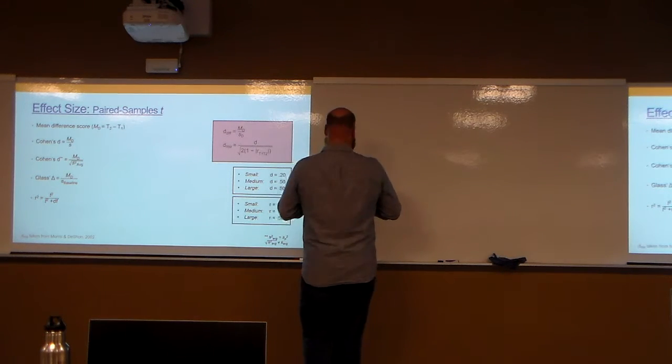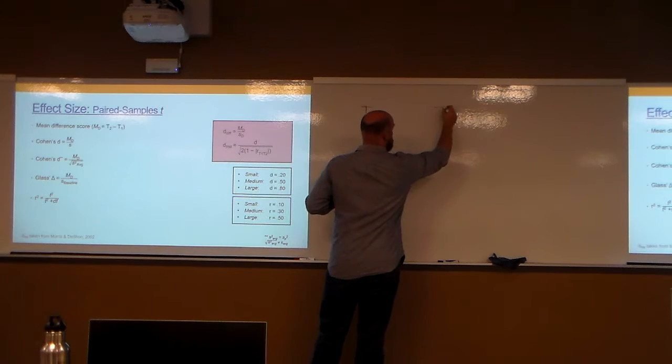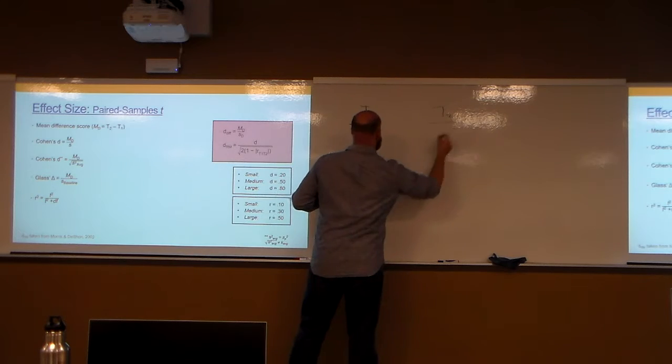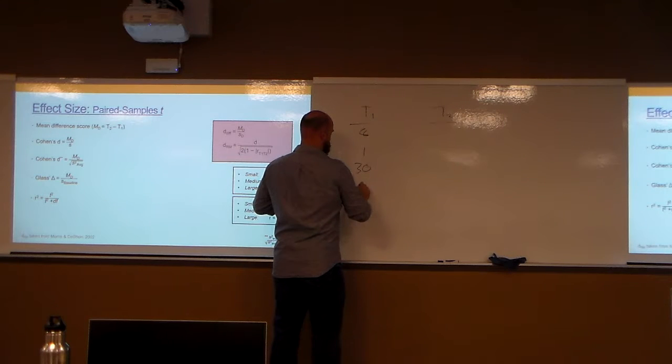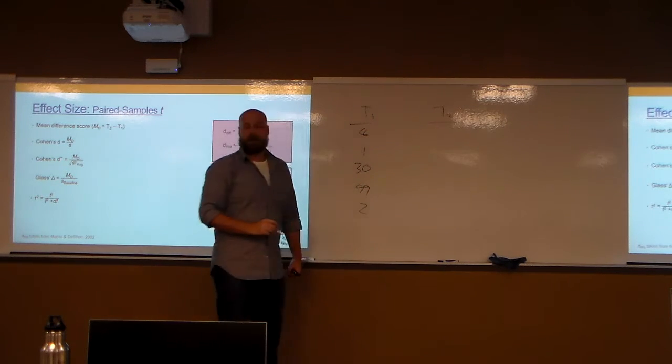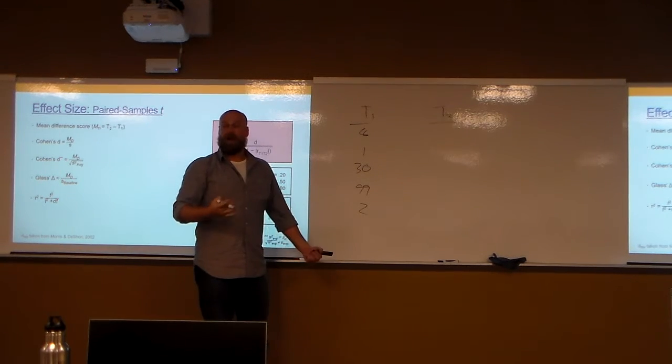Okay, so how about this? All right, we've got time 1, time 2. And here's 8, 1, 30, 99, 2. Okay. What's the variability in that set of scores? Massive, right?